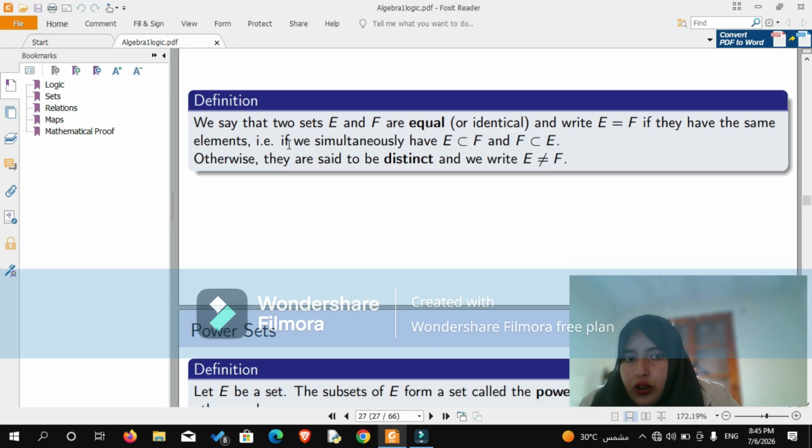In other words, if we simultaneously have E included in F and F included in E. Otherwise, they are said to be distinct. We write E is different from F.